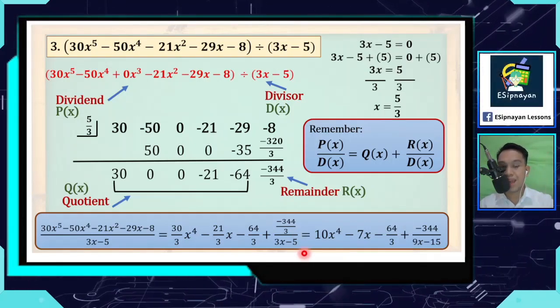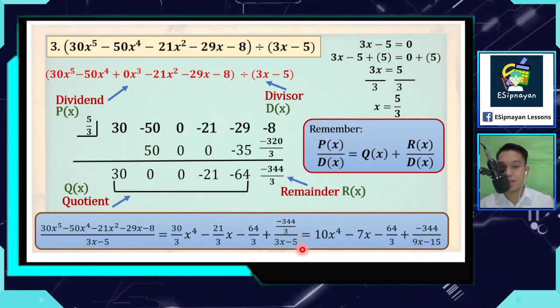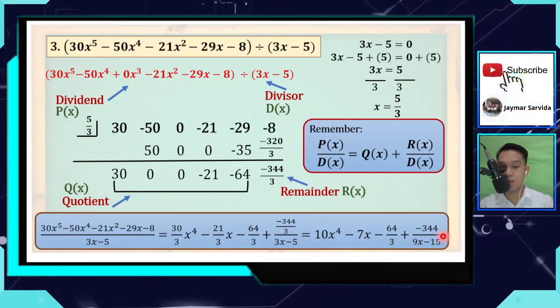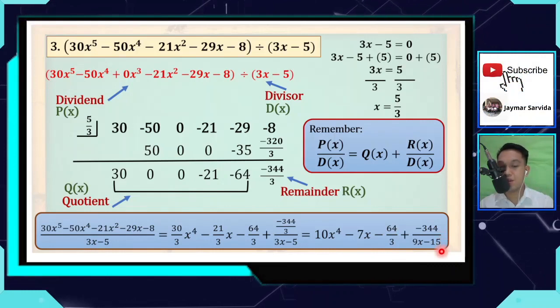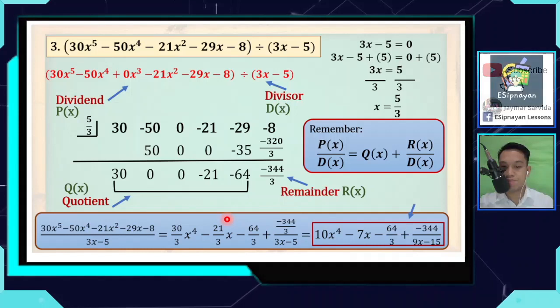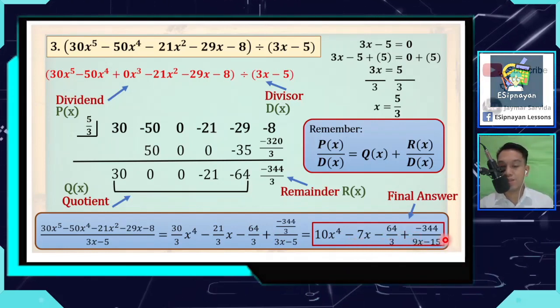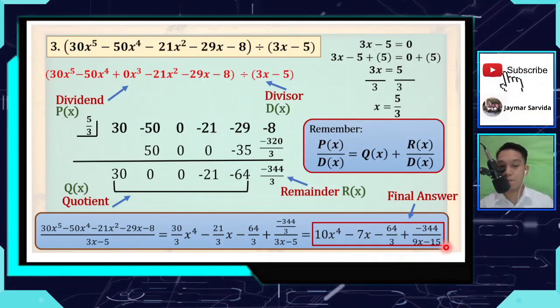So, 3 times 3x minus 5: 3 times 3x is 9x, and 3 times negative 5 is negative 15. That's why it becomes negative 344 all over 9x minus 15. So, this is our final answer: 10x raised to 4 minus 7x minus 64 over 3 plus negative 344 all over 9x minus 15.